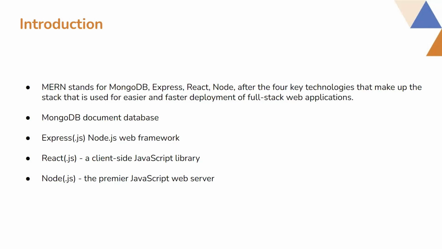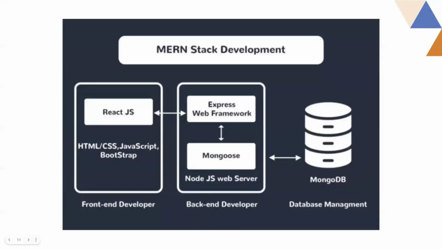So now let's understand that MERN isn't just a random word. It's actually a full stack application, so we can build web applications or mobile applications in a much easier, quicker and more efficient way. Picture this: we have three main parts of building a web app: the front end, the back end, and the database.